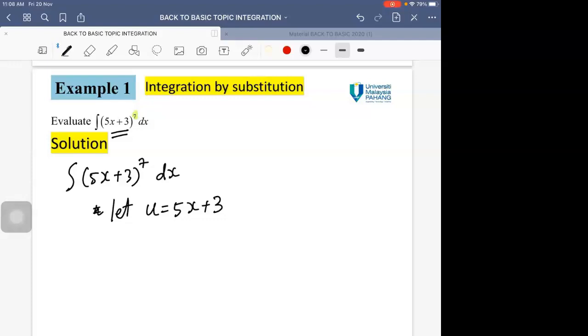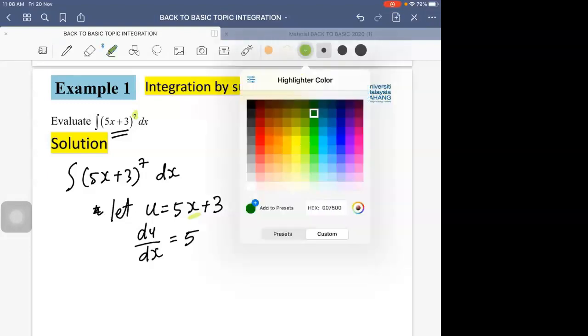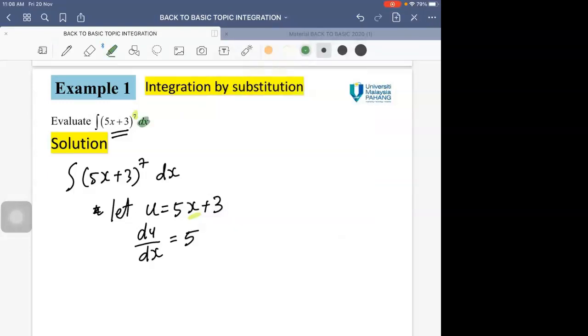And then we differentiate u with respect to x, because our variable is x here. So you differentiate u with respect to x, and you should get 5. And then you look here, we want the term of dx here.